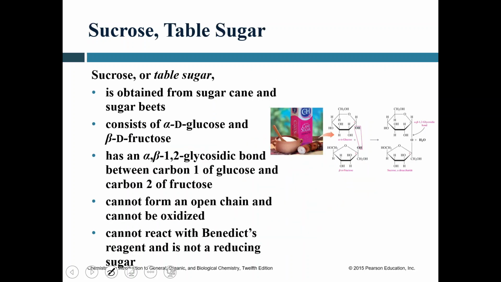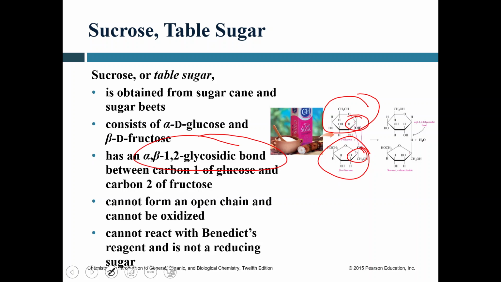Sucrose, also known as table sugar, can be obtained from sugar cane and sugar beets. It is made out of alpha-D-glucose and beta-D-fructose. And the arrangement is kind of different. So it doesn't have just an alpha or beta glycosidic bond, and not 1,4. It's a 1,2 alpha-beta glycosidic bond between carbon 1 on the glucose and carbon 2 on the fructose.